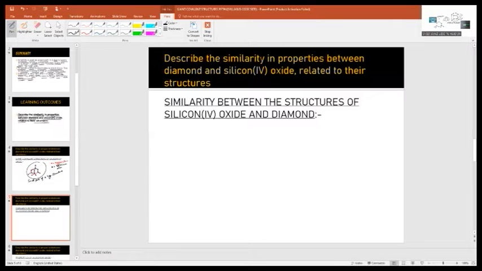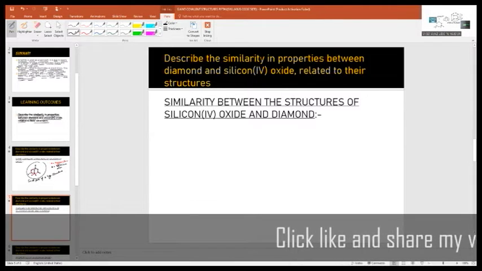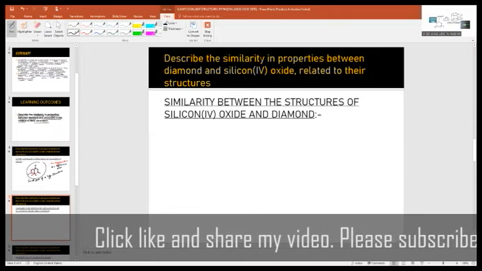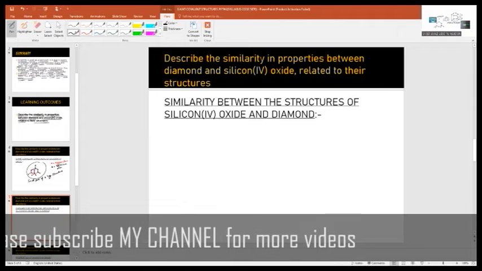If you look at the structure of silicon(IV) oxide, then you will see that it resembles diamond, which means it's also tetrahedral. This also suggests similarities between diamond and silicon(IV) oxide in terms of some properties, which I'm going to write in the next slide.